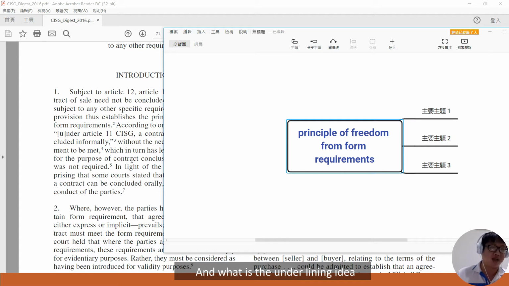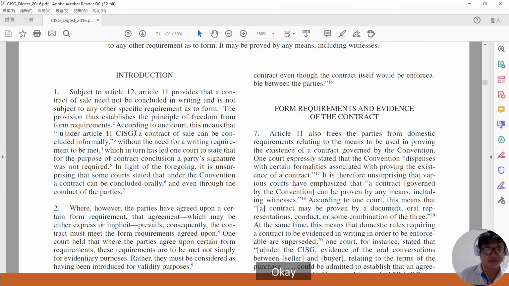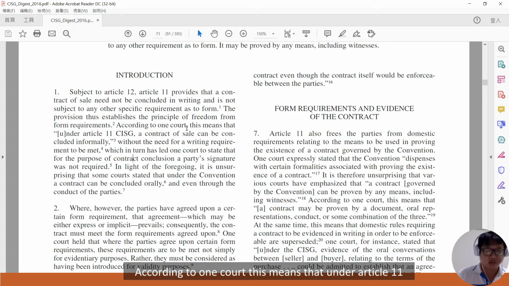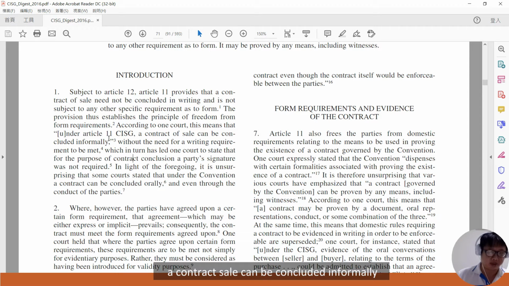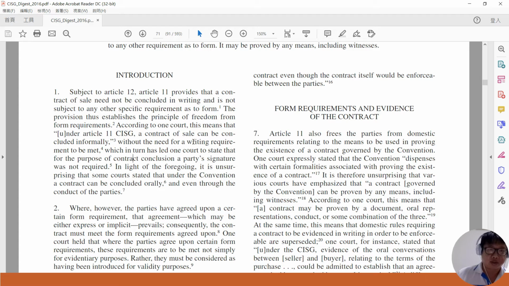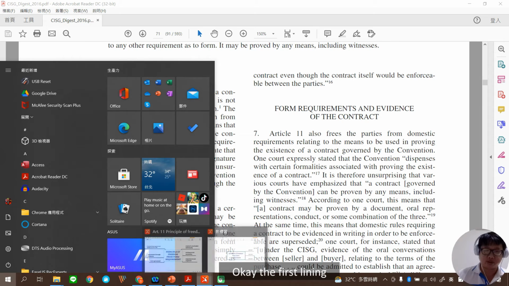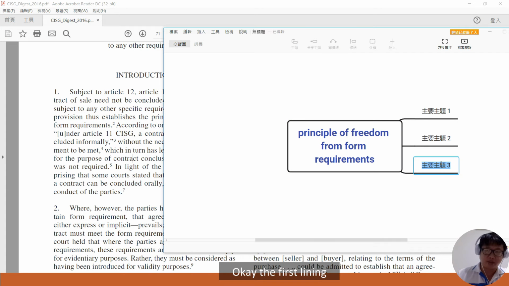And what is the underlying idea? Let's see. According to one court, this means that under Article 11 CISG, a contract of sale can be concluded informally. Okay, the first underlying idea: concluded informally.